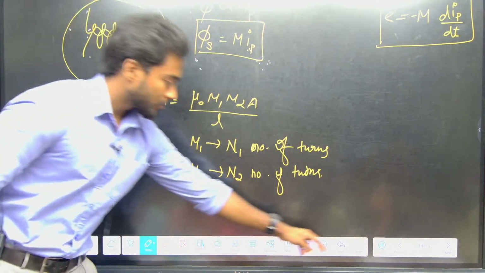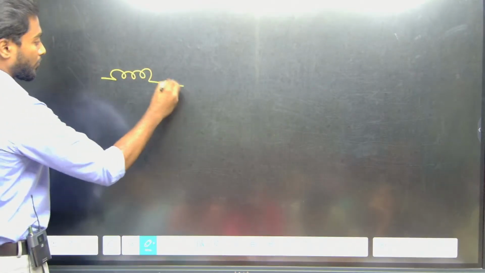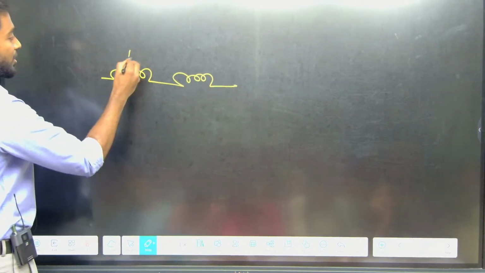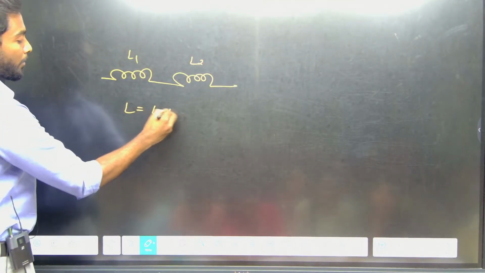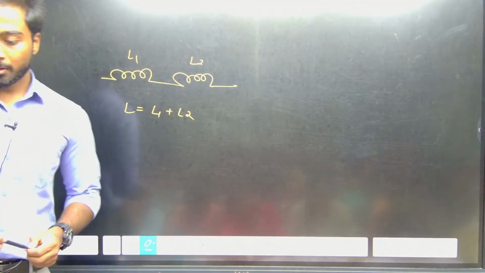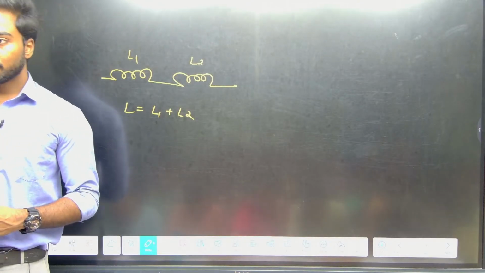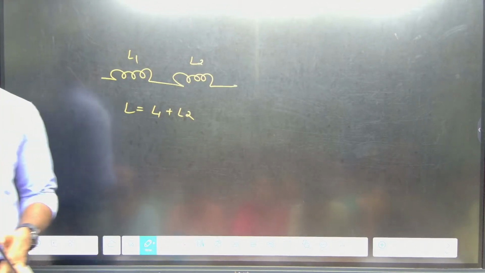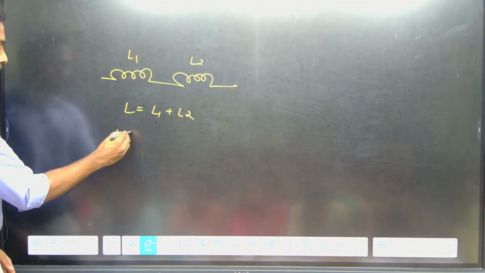Suppose if I take the series combination L1 L2, then L effective will be equals to L1 plus L2 for the series combination. So under this you can take a point, same current.